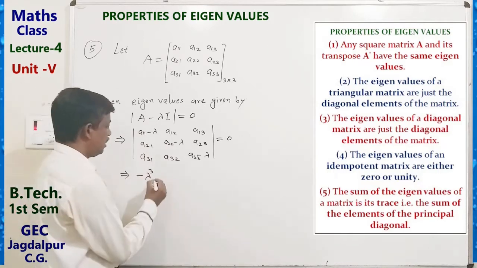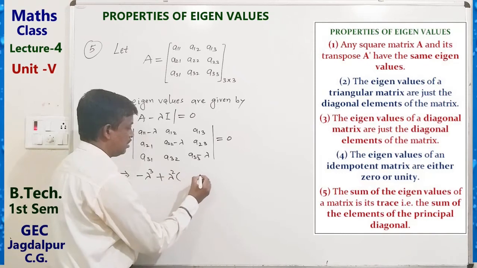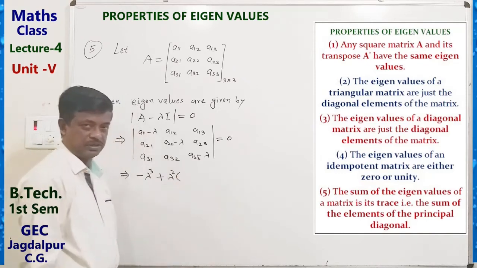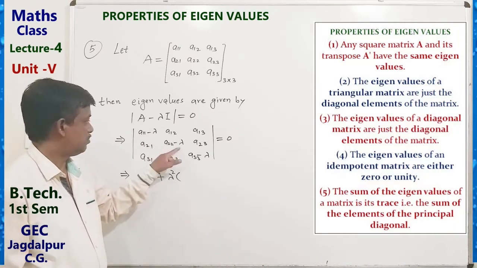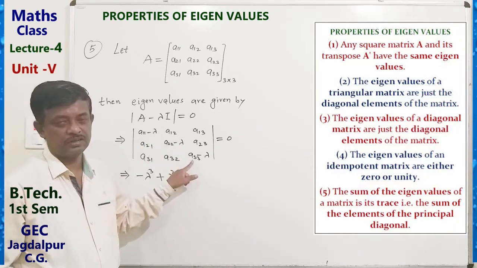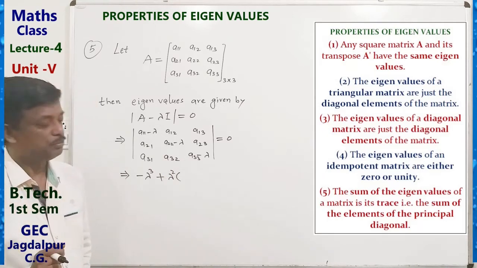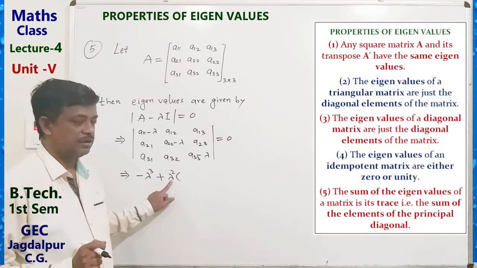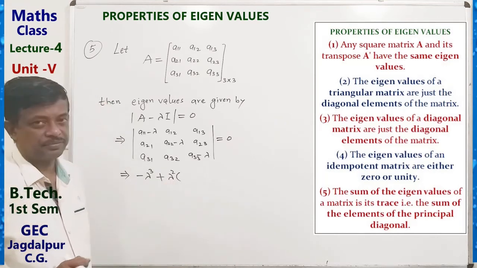And then the lambda square term will be there, when lambda square is multiplied with this entry. So A33 will be part of the coefficient of lambda square.